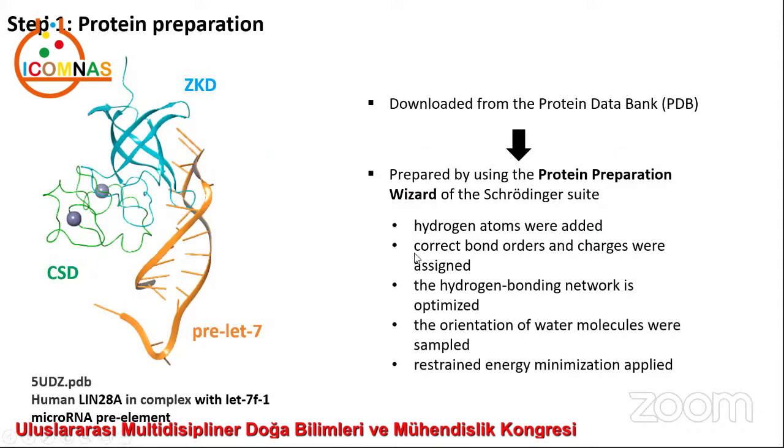We corrected the bond orders and assigned the charges to the atoms. And we optimized the hydrogen bonding network, and we sampled the water molecules that are present in this complex structure. And finally, we minimized the whole complex to get the most stable, energy-minimized conformation.